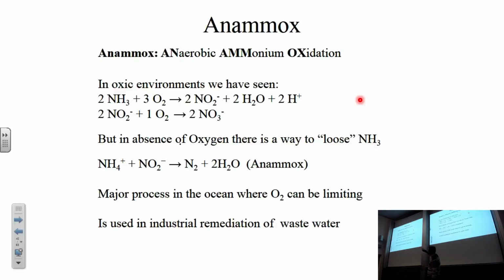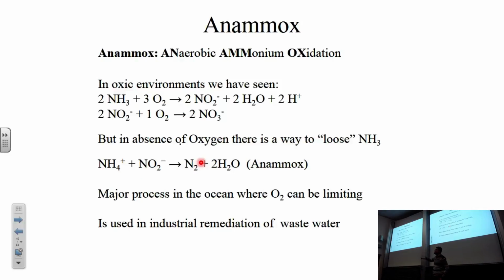But there's this additional process, anammox. This is the traditional nitrification. But it turns out that if you've got ammonium and nitrite in an environment, these two can react together to basically get rid of your ammonium and your nitrite and return nitrogen back into the unusable end form.